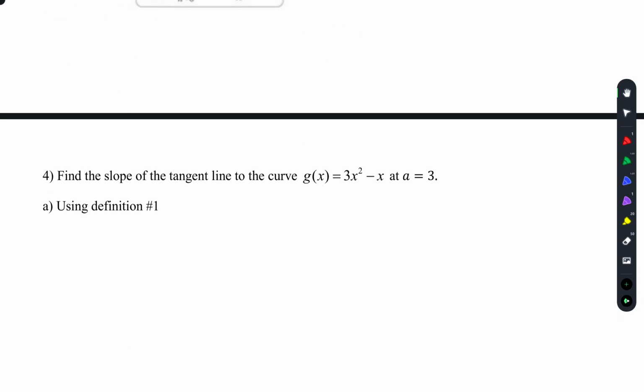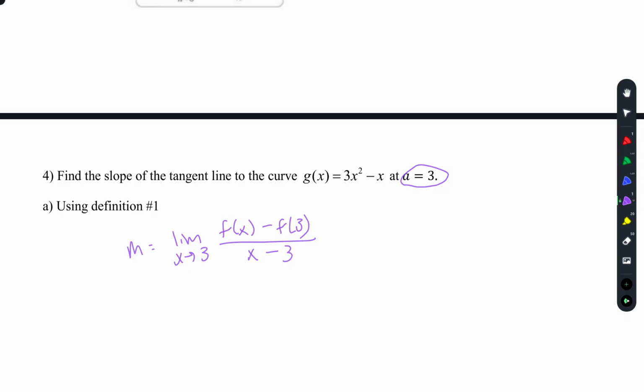So we already did definition 1. Just as a reminder, that's this one, the limit as x approaches 3, and this is the quote unquote normal slope formula because it looks more slopey looking. Do you know what I mean? Because it's got y2 minus y1 over x2 minus x1.